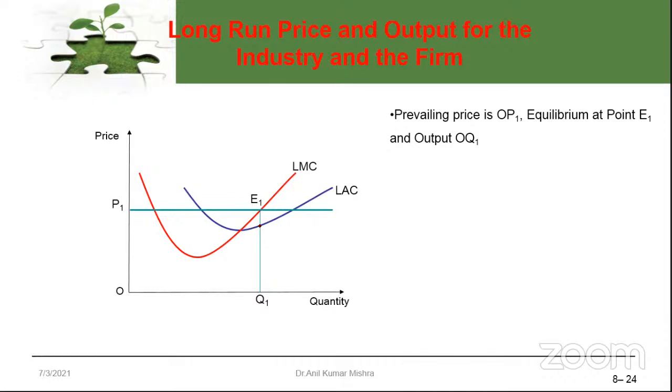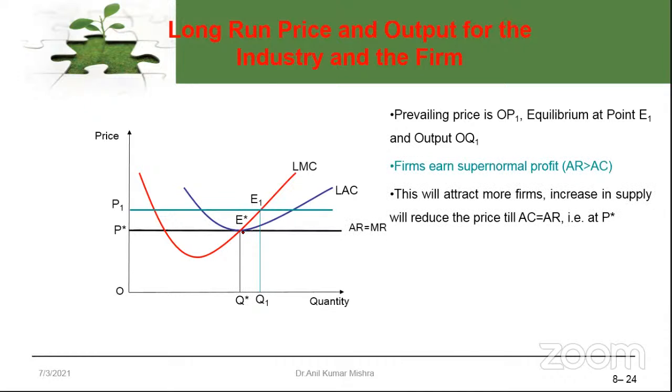If supply increases, then price falls, and that continues until the price line OP1 is shifted downward in such a manner that it is tangent to the minimum point of your average cost curve. In this situation, total revenue is the same thing as total cost. There is no loss, no profit, only normal profit.